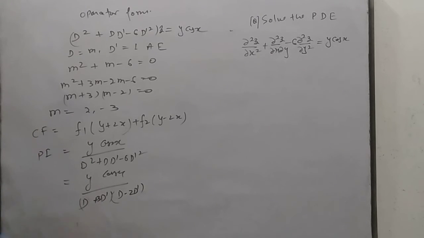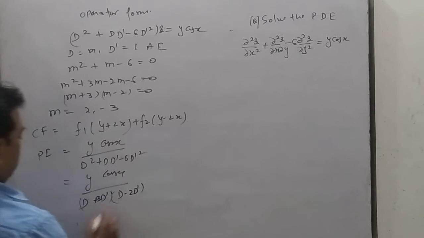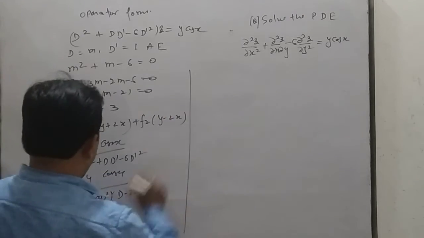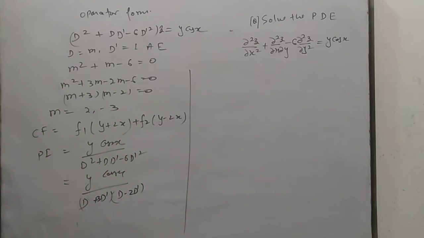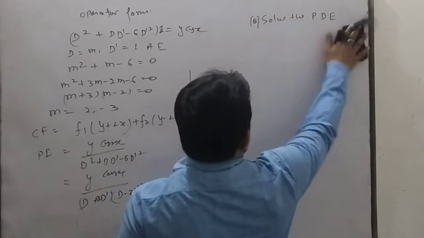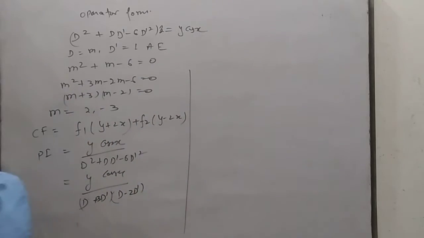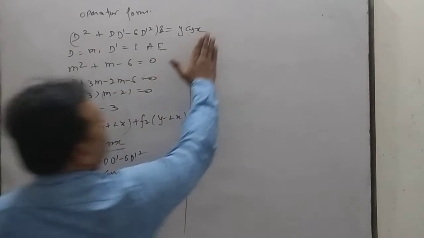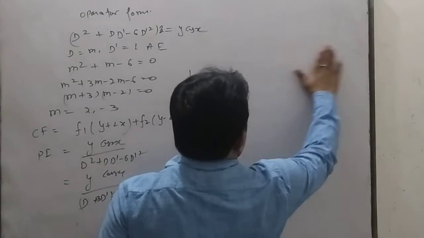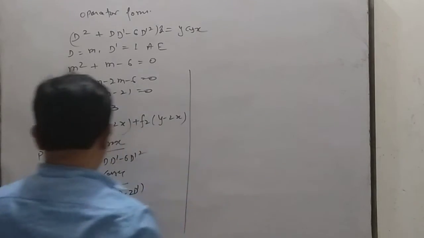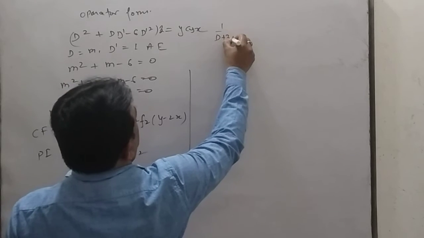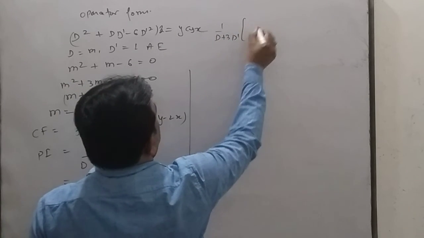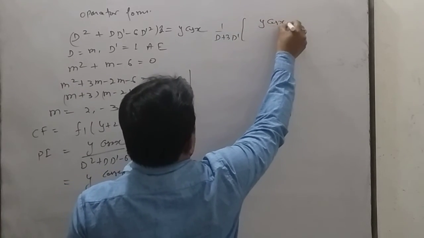We are solving this function. First we find the value of 1 upon (D minus 2D dash) of y cos x.